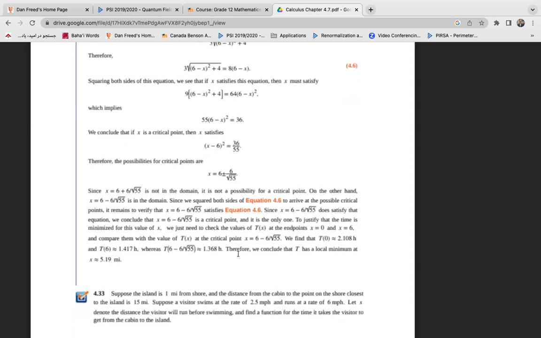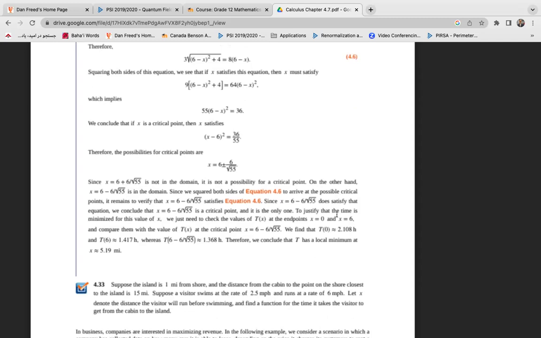And you also have the endpoints. One endpoint is 0, another endpoint is 6. So you can compute the corresponding T for each of these points, the only critical point and two endpoints. If you compare them, you can see that 6 minus 6 over root 55 is the minimum point.